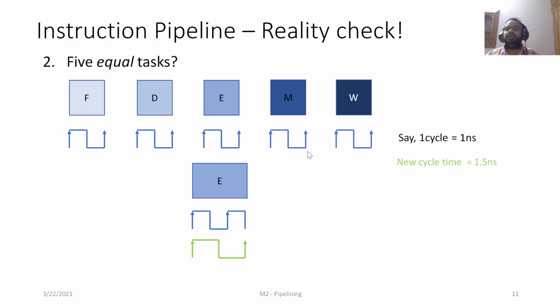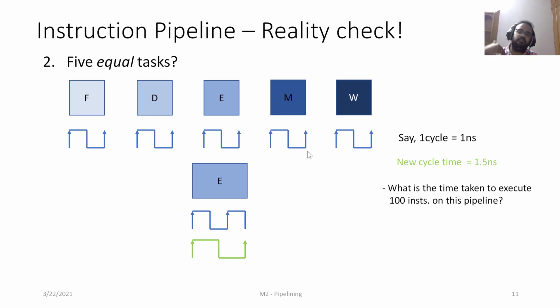Now, again, if you calculate the total time that would be taken by 100 instructions, right? The first instruction would take 5 times 1.5 nanoseconds. Now, for simplicity, I'm ignoring the buffer time here, right? The first instruction would be out after 7.5 nanoseconds, and the remaining 99 instructions would be out for every 1.5 nanoseconds, right?